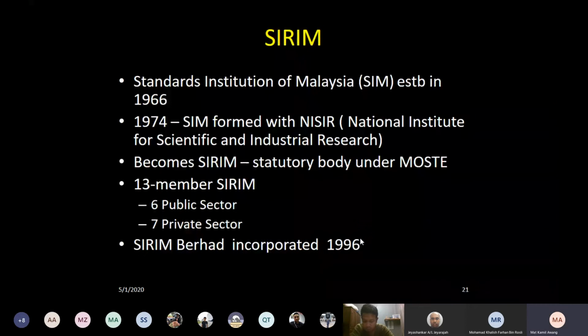SIRIM was established in 1966 as the Standards Institution of Malaysia. In 1974, SIM was merged with NISIR to become SIRIM, a statutory body under the Ministry of Science, Technology and Environment.